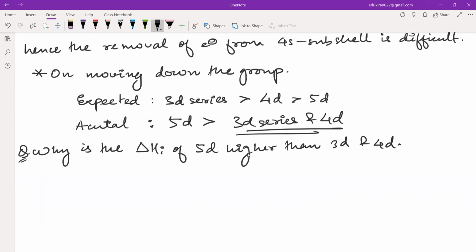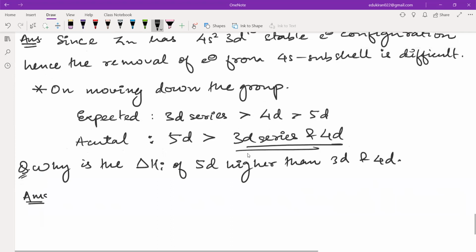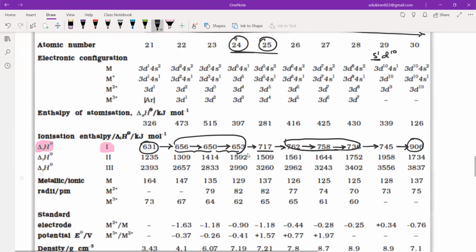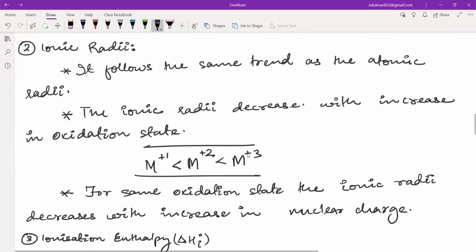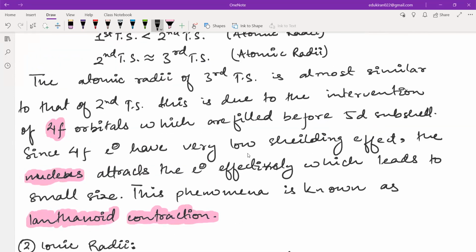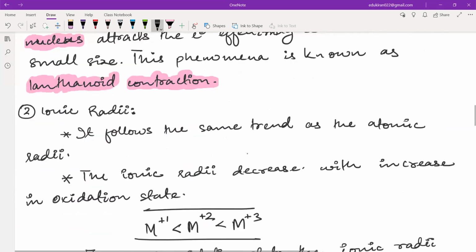So the reason is the intervention of f subshell electrons. The 4f orbitals come before the 5d. That is why they have very low shielding. If there is low shielding, then attraction will be very high. The nucleus is attracting the electron more effectively, and hence it is more difficult to remove the electron.